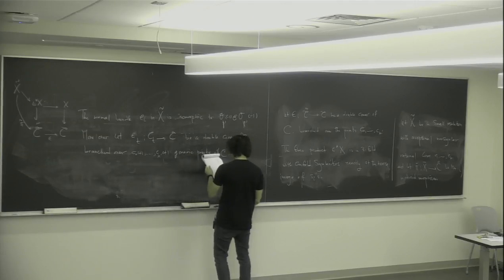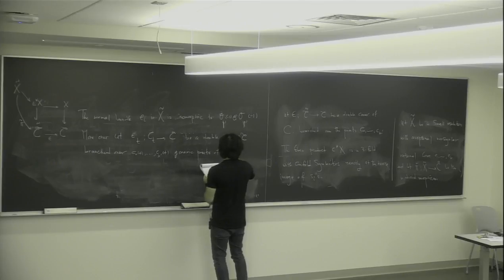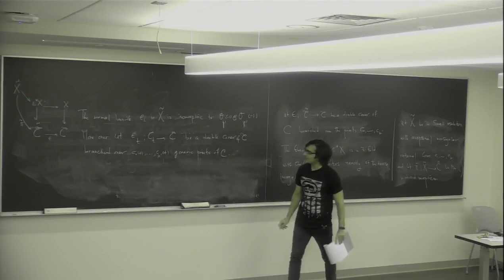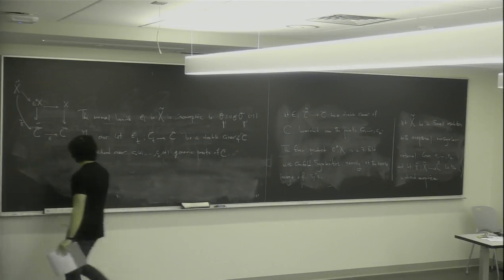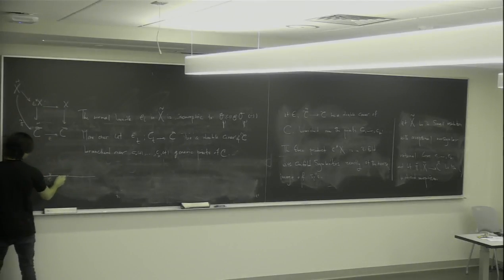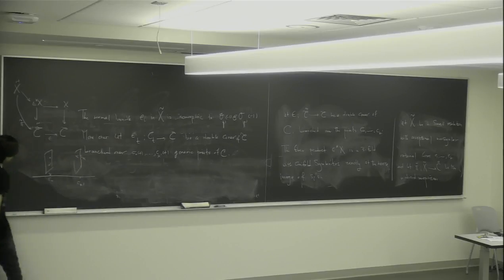So what is it we are trying to do? You see, we had this fibration C0 to C of k prime with the fibers on top of them, and these were S_k's.